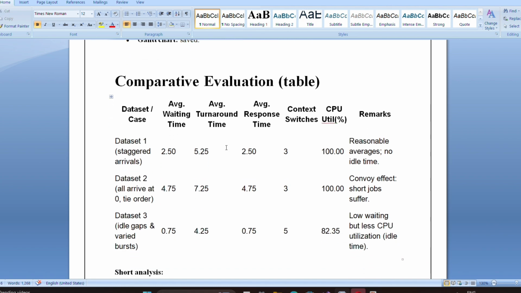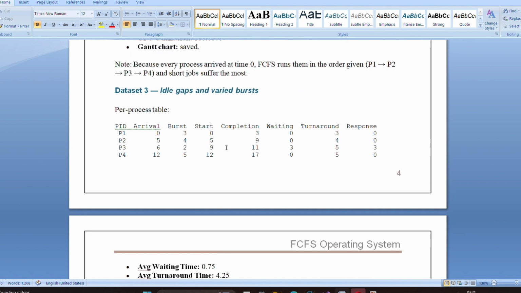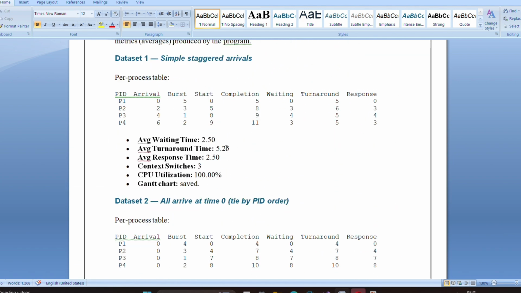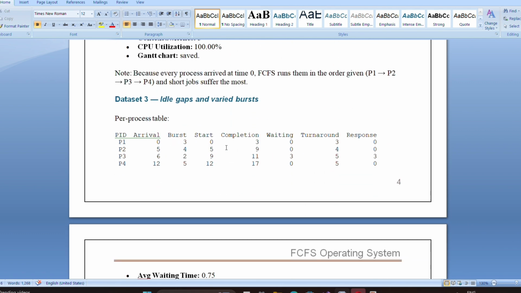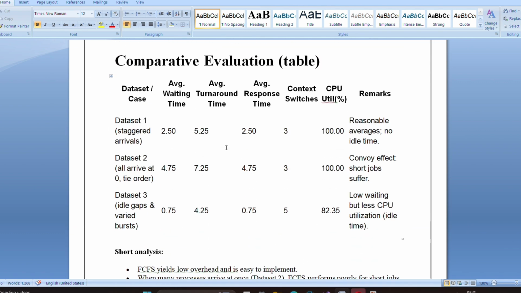Comparison evaluation, which is best and how it is taken. As I said, the datasets are 1, 2, 3: average waiting time, average TAT time, average response time, context switching, CPU utilization.